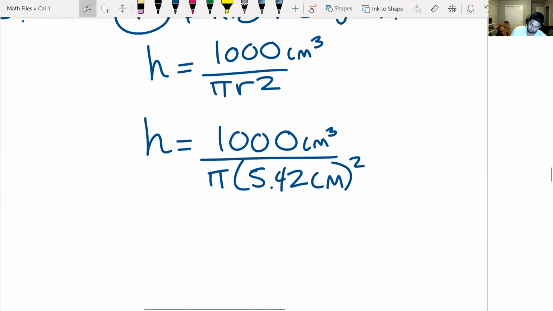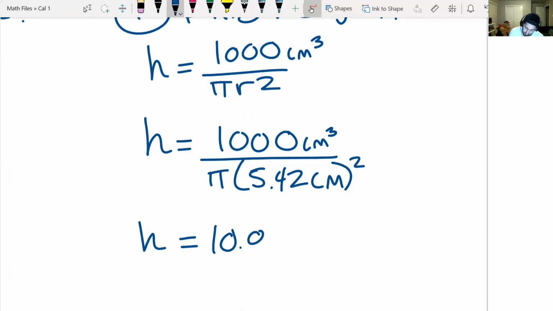Okay. Calculate that. And I do 1,000 over pi times 5.42 squared. And I get 10.84 centimeters.